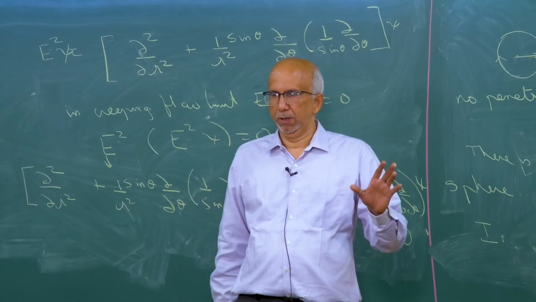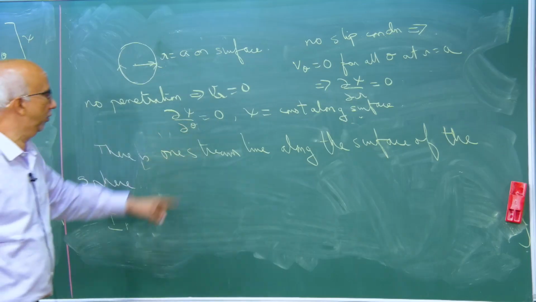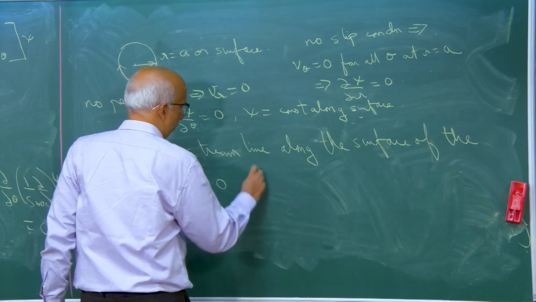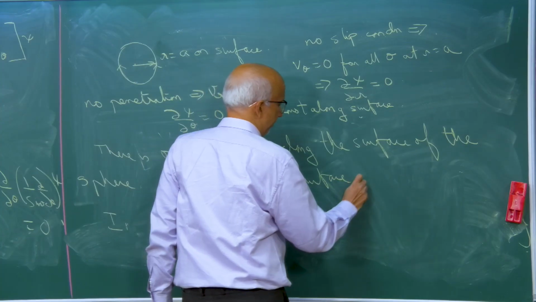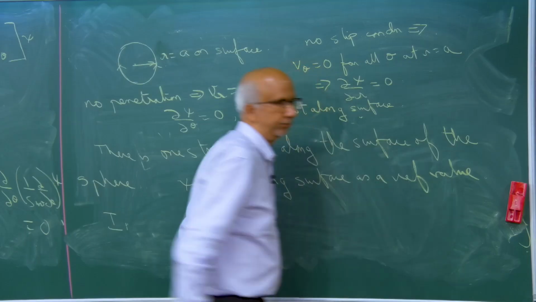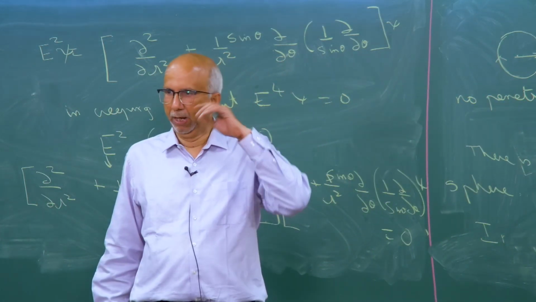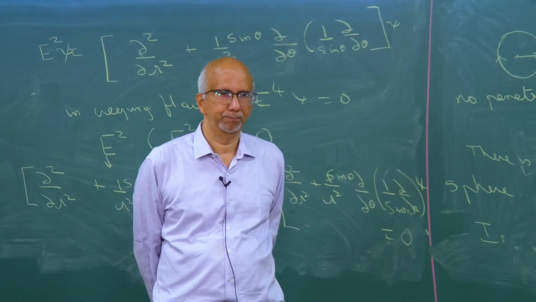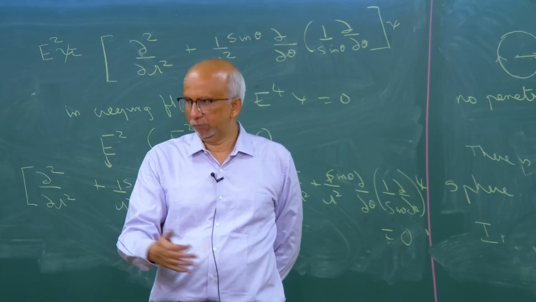And so, on the surface psi is going to be constant. So, d psi by d theta equal to 0 means psi is constant, and I can take, like I said earlier, psi equal to 0 along the surface as a reference value. Okay. As a reference, I can take psi as 0. But everything else is going to be relative to this reference.